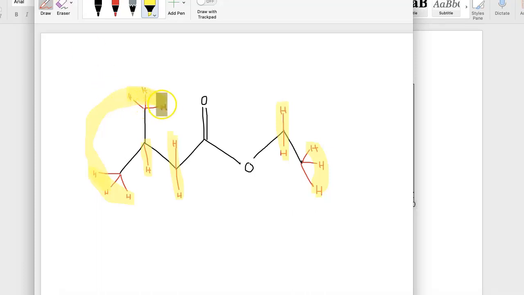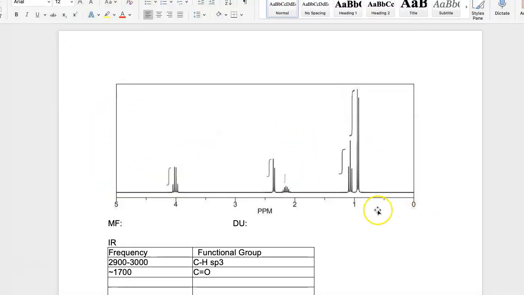Let's look at these hydrogens in particular as an example to show you how it would be represented on the graph. They have one neighbor, one hydrogen, n+1 is 2, so it would be a doublet on the graph, right here.